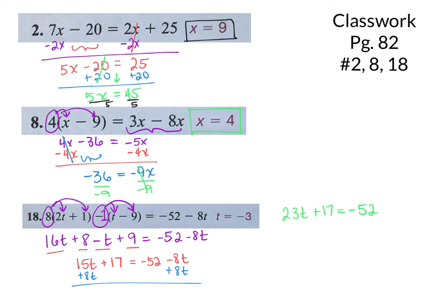Then I'm going to move my numbers to the other side. These cancel. Remember a negative, when I subtract, I'm going to just add those, right? And then I will be able to divide by that 23. And it will divide evenly, which will give me negative 3.